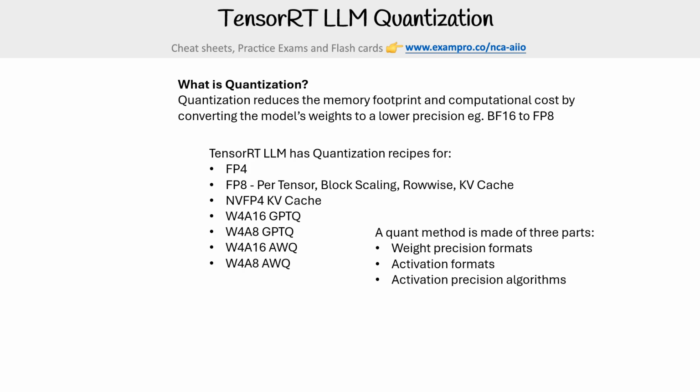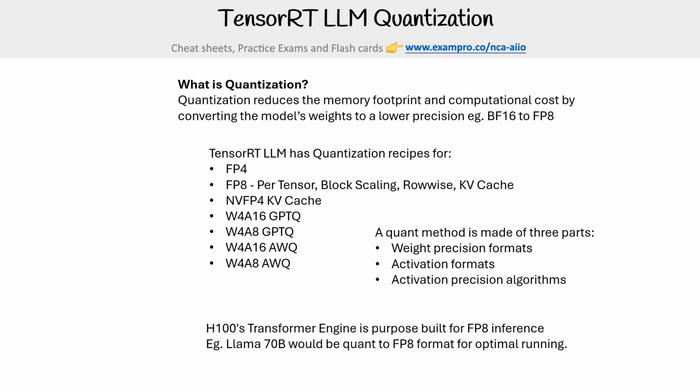A quant method is made of three parts: weight precision formats, activation precision, and algorithms. An H100's transformer engine is purpose-built for FP8 inference. Okay, so Llama 70 billion would be a quant of FP8 format for optimal running. So maybe you might want to do quantization of something to FP8.